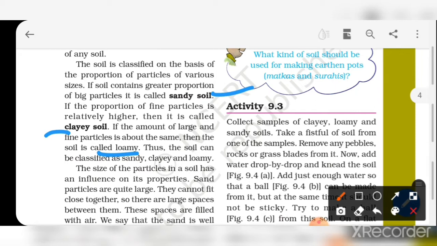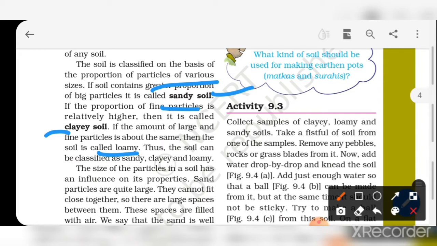The soil containing the greater proportion of big particles. Big particles का एक बड़ा proportion है, उसको क्या कहते हैं? Sandy soil कहते हैं. If the proportion of the fine particles is relatively higher, it is called the clay soil.